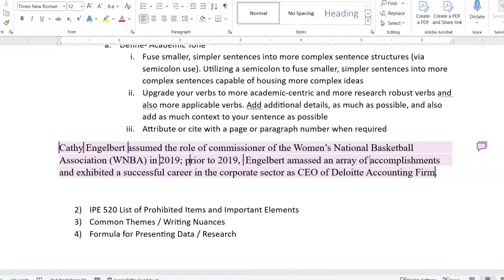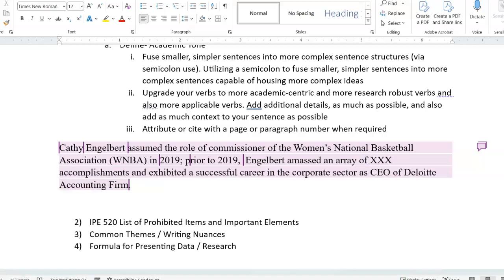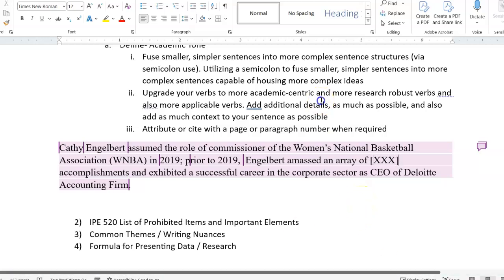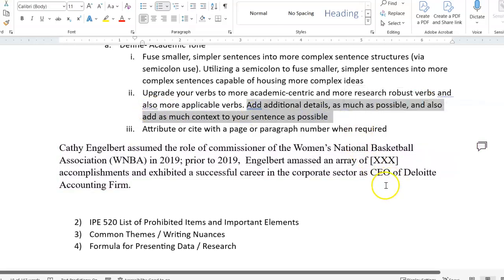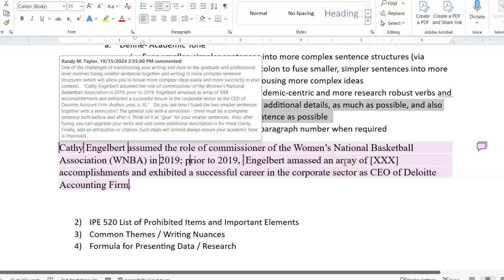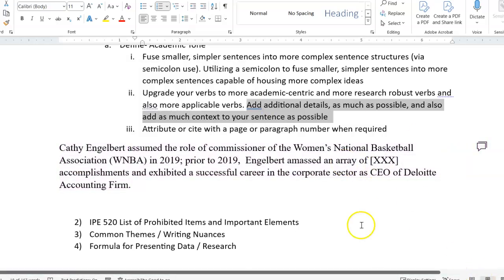Well, what type of accomplishments? I'm going to put a placeholder here, and this is where you would be more specific. You would add the additional details as much as possible or context to increase the understanding of that idea here, "and exhibited a successful career."